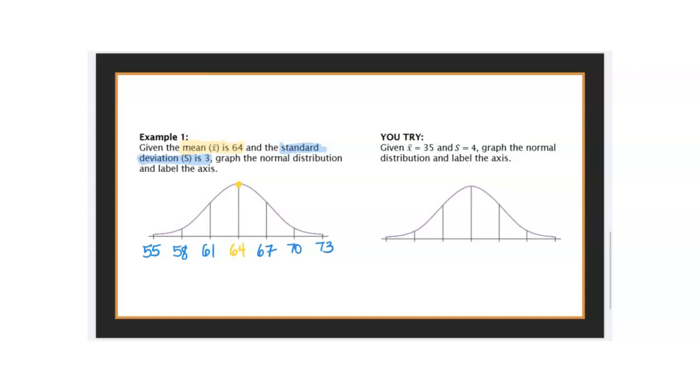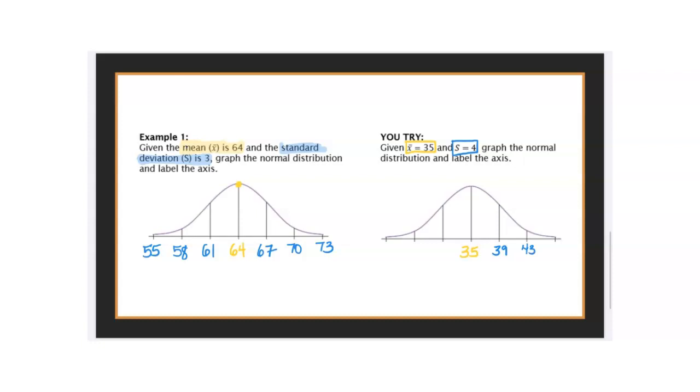Okay, next example. We have our mean, which is 35, and we have our standard deviation, which is 4. The first thing we should place is our mean, which is 35. Next, using your standard deviation of 4, we're going to go in increments of 4. Let's start with the right. 35 plus 4 gives us 39. 39 plus 4 gives us 43.